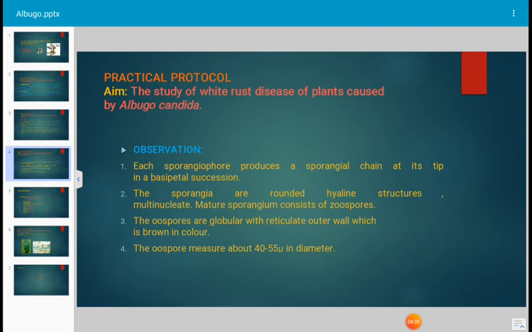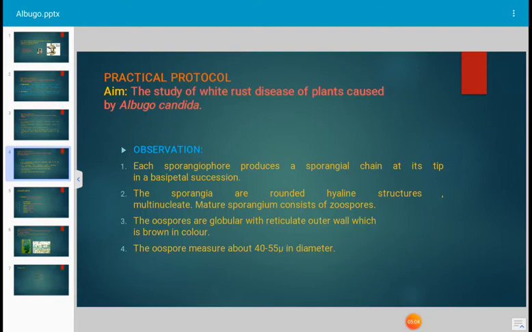This fungus also reproduces by sexual reproduction. It produces gametes. The sexual reproduction of Albugo candida is of the oogamous type, in which the male gamete is known as the antheridium and the female gamete is known as the oogonium. After fertilization, oospores are developed.